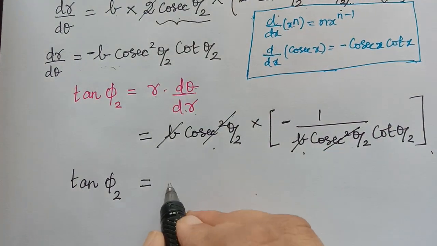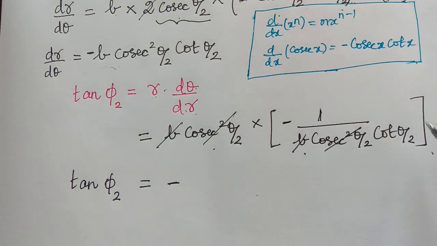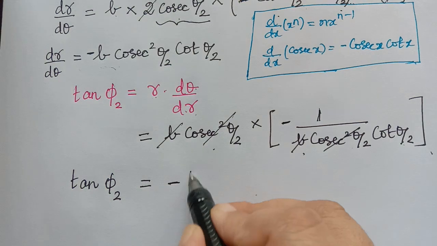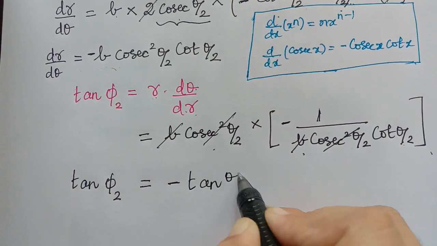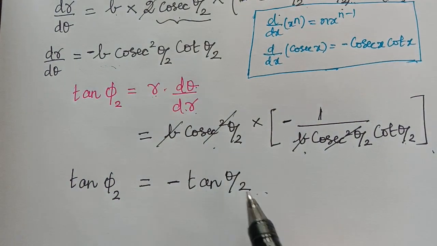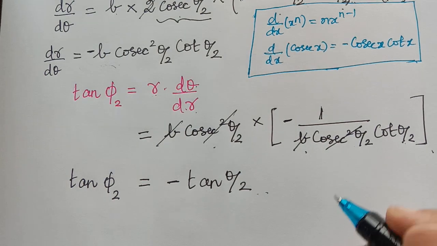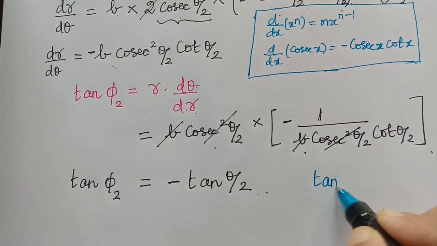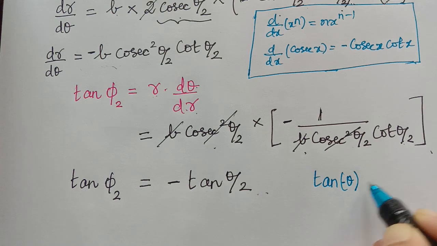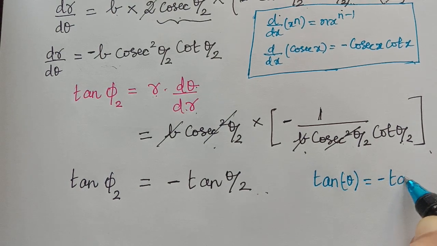this negative sign, so minus, and 1 by cot of an angle is tan. So minus tan theta by 2. Now here we can use a formula: tan of minus theta is equal to minus tan theta.